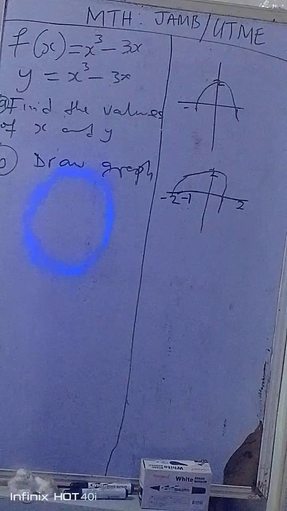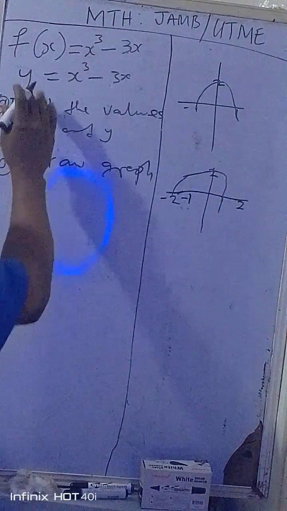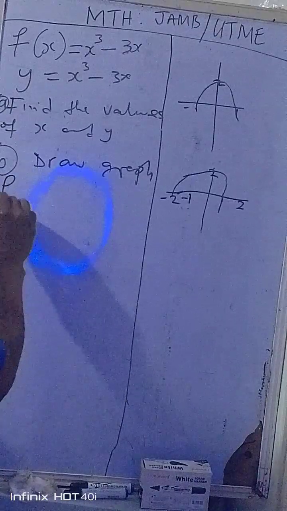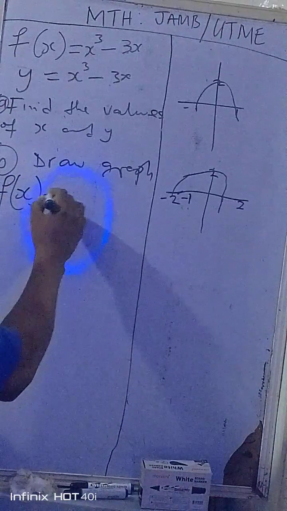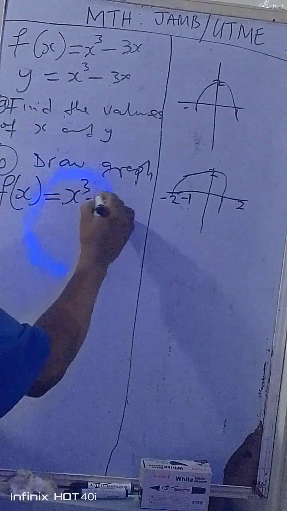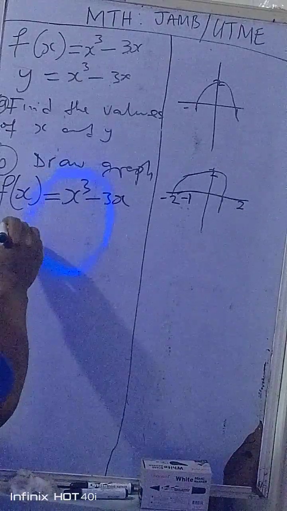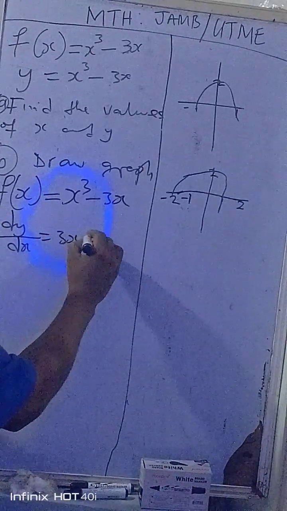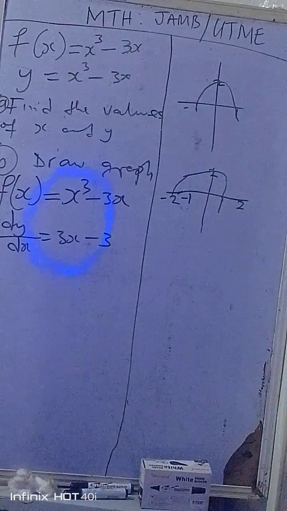Now, for us to solve this particular question, all we need to do is to take the function f of x is equal to x raised to power 3 minus 3x. Now, this is simply saying dy/dx is equal to 3x squared minus 3. That's what it means, okay?